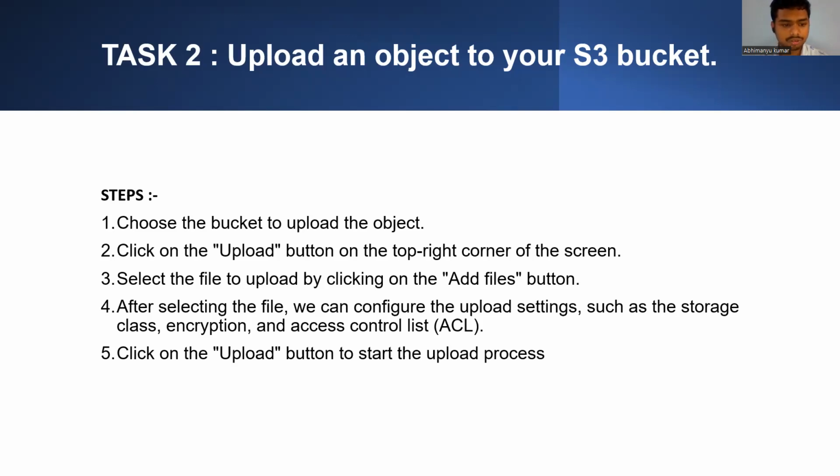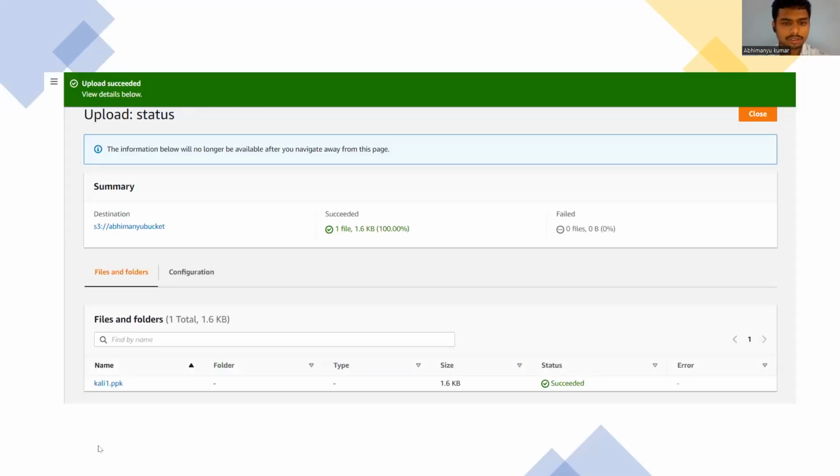We can also configure an access control list for the files, meaning the policies. Then we click the upload button. Once uploaded, we can see the files. I uploaded a PPK file, and it shows one file succeeded under my bucket.